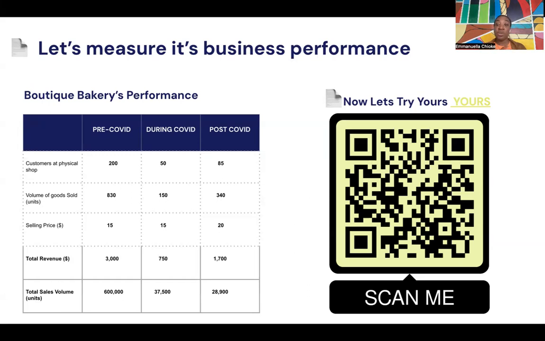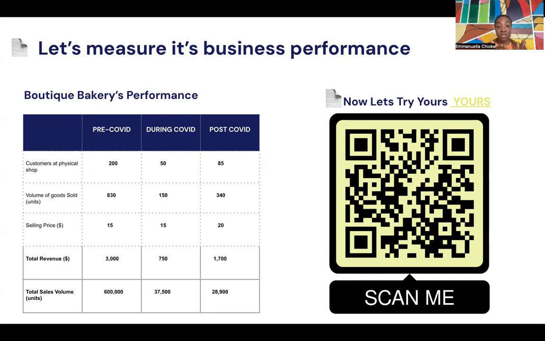Let's now measure the business performance of Boutique Bakery, and then we will also have you try this out yourself. So let's look at the pre-COVID performance. We will look at the performance during COVID, and we will look at the performance post-COVID. The number of customers that they would have at the physical shop was about 200 customers. The volume of goods sold, which refers to the number of boxes of those glazed donuts that they sold, was 830, and their selling price was $15.